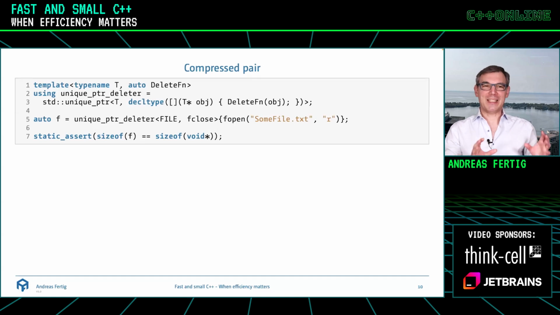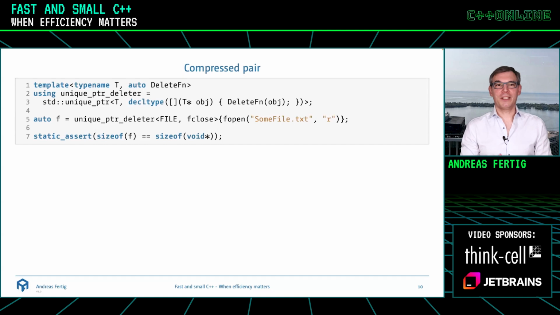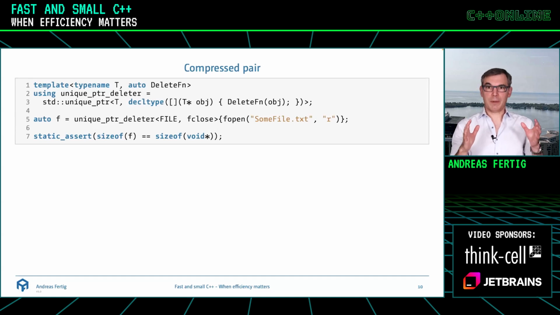That's cool. In C++20, we can have captureless lambdas in unevaluated context, and decltype is one of them. So my captureless lambda here takes a T star because we are in a template context anyway, and it invokes delete_fn on the parameter it receives. So this is my empty base class, because lambdas are classes behind the scenes, right?